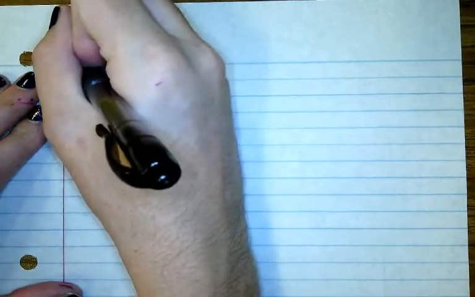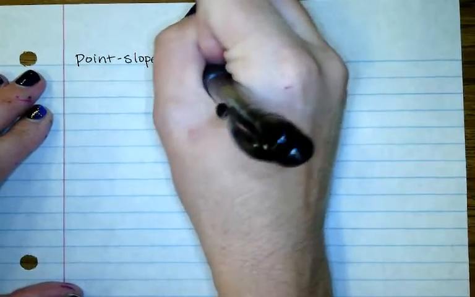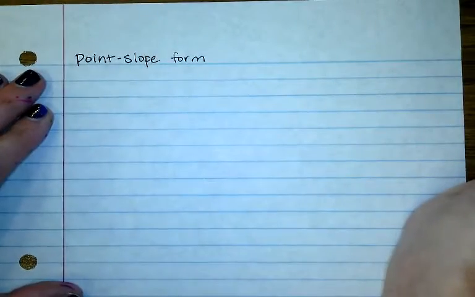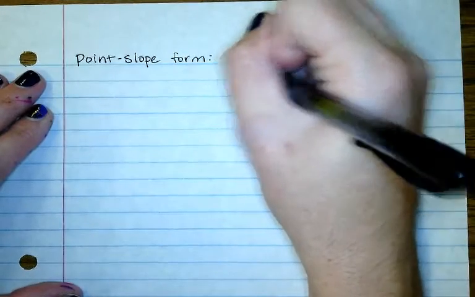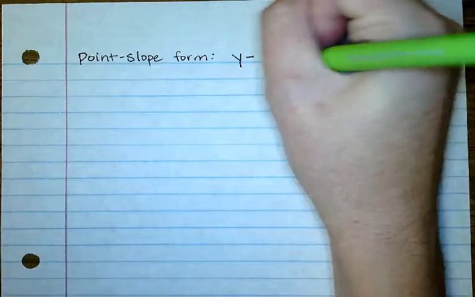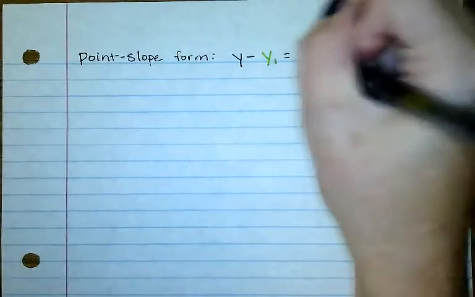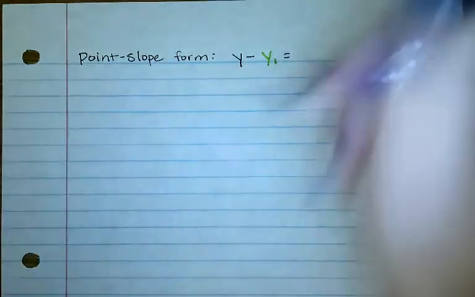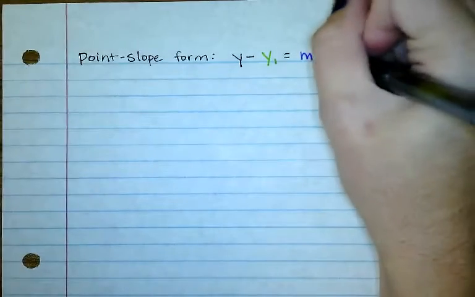When you have point slope form, this is written as y minus y sub 1 equals m times parentheses x minus x sub 1.